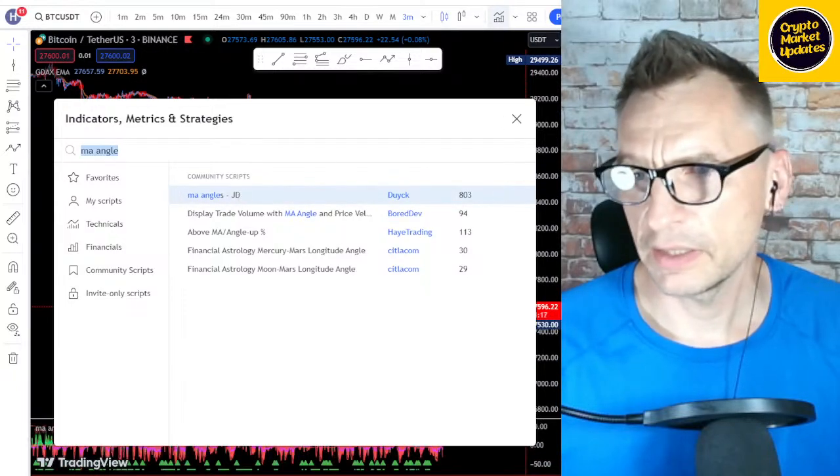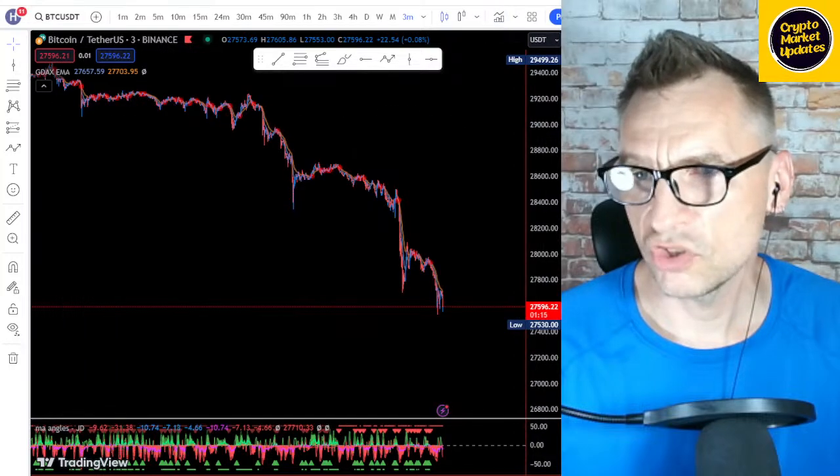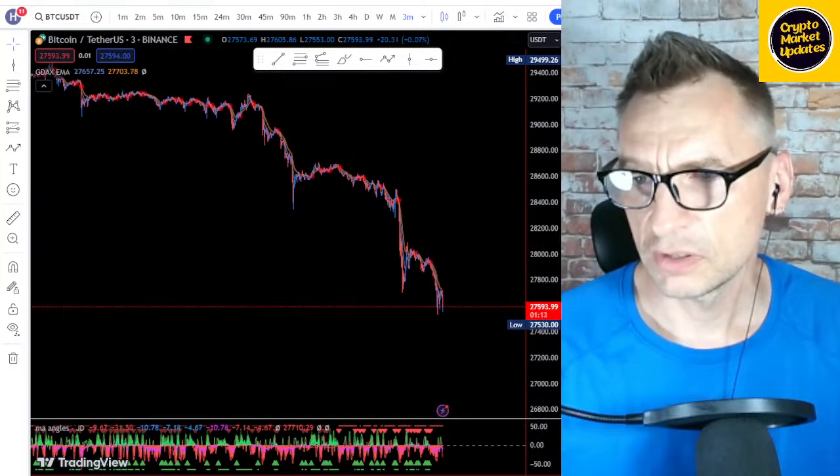So we'll add that, and then we have to go to the settings menu to change stuff: change source OHCL4 to close and threshold.